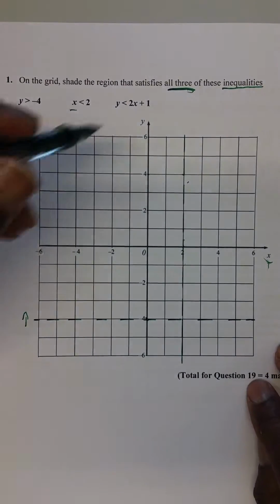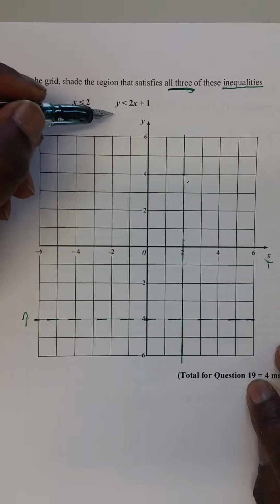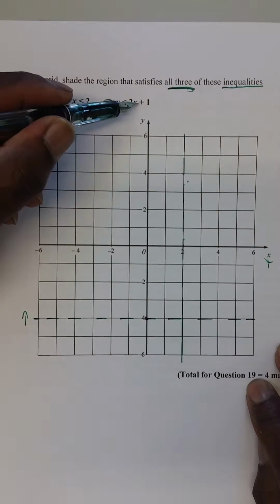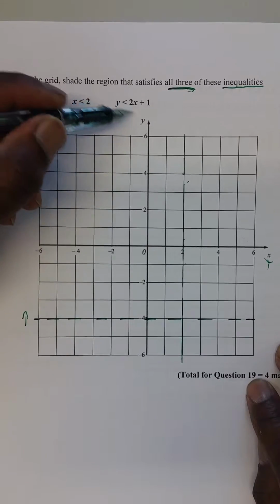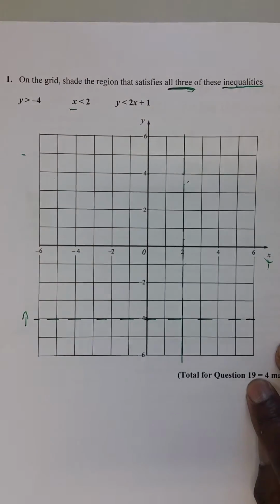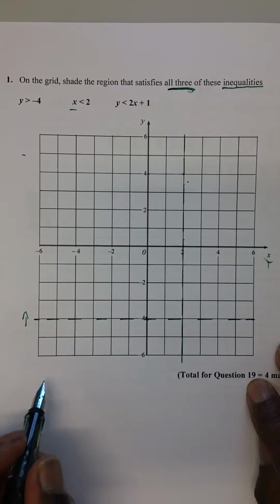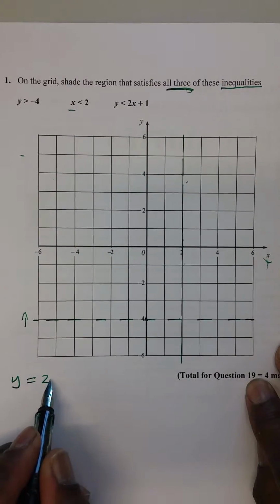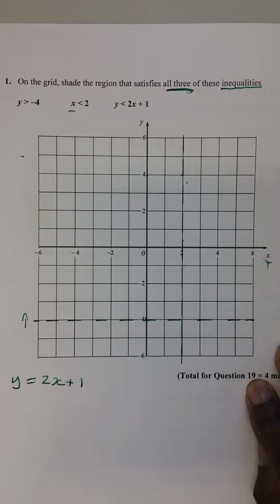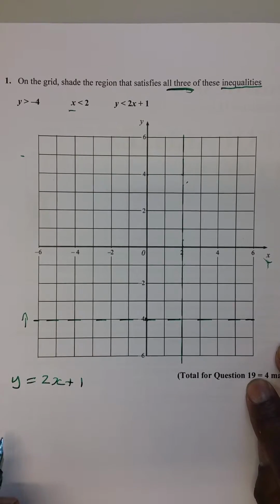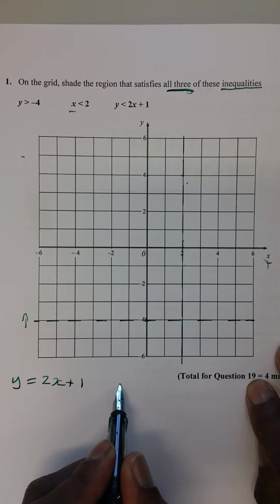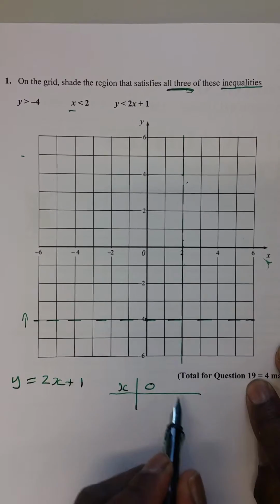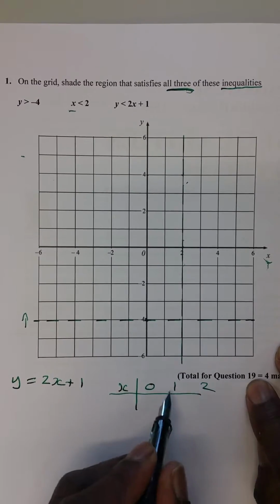Now, the third line is quite tricky because it says y is less than 2x plus 1. So we're going to plot this graph. So we need to have some values. We're going to consider y equals 2x plus 1. Now, we're going to pick some values. Maybe when x is equal to 0, 1 and 2.